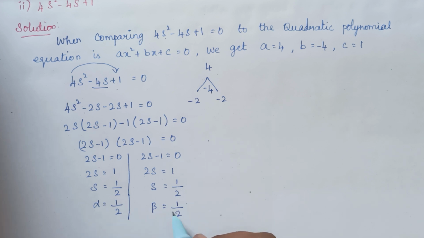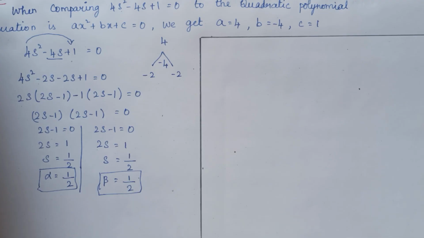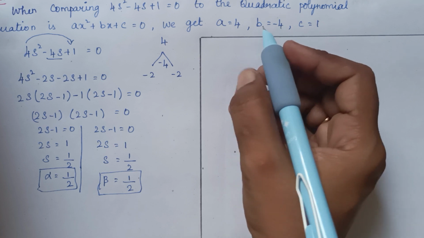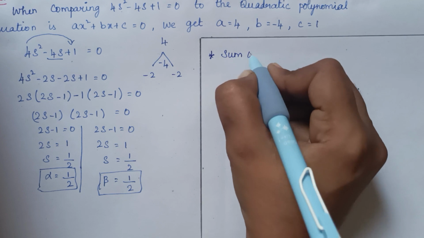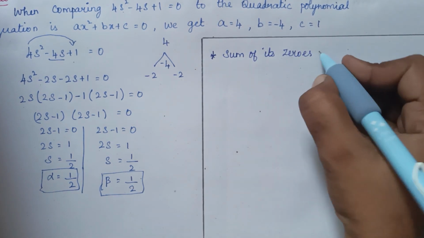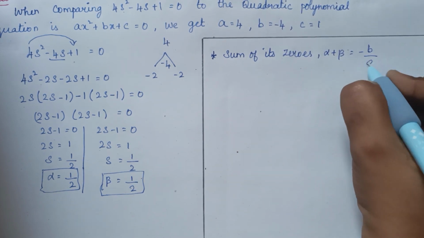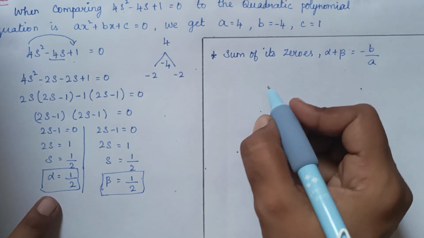So alpha and beta, both values are the same. Now we want to verify these alpha and beta values with the quadratic polynomial relationship. That is the sum of its zeros, alpha plus beta is equal to minus b by a. Already we know this formula. What is the value of alpha? 1 by 2.